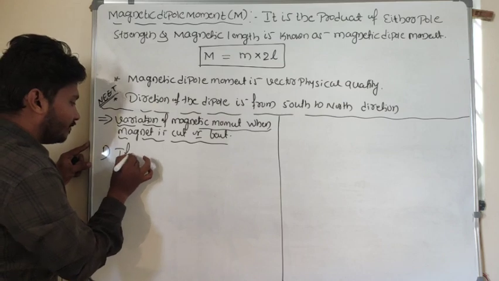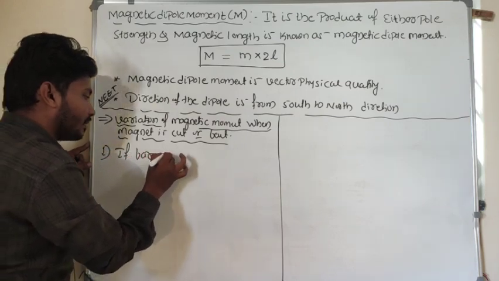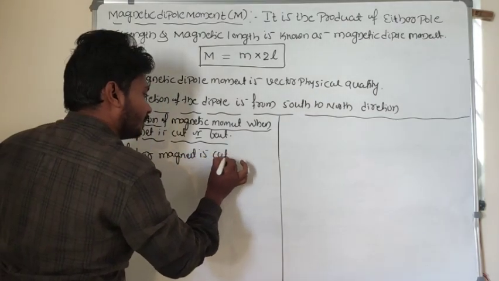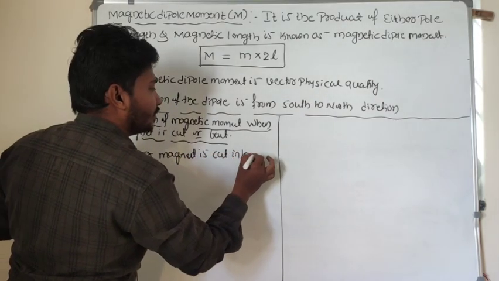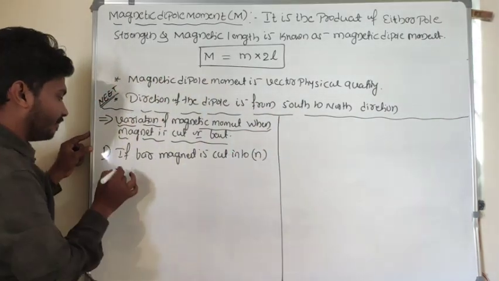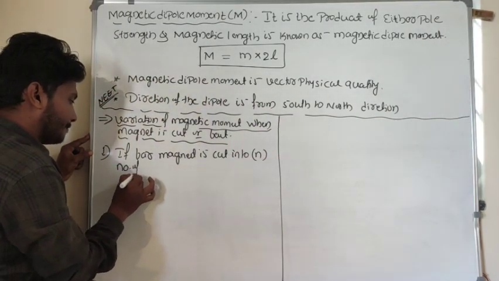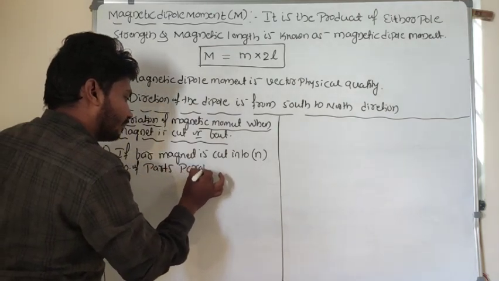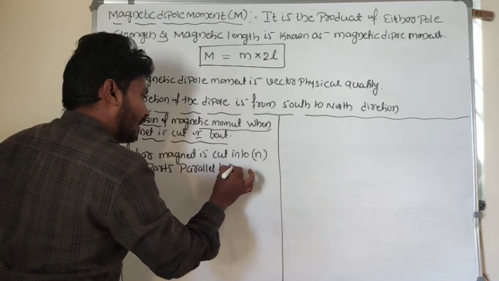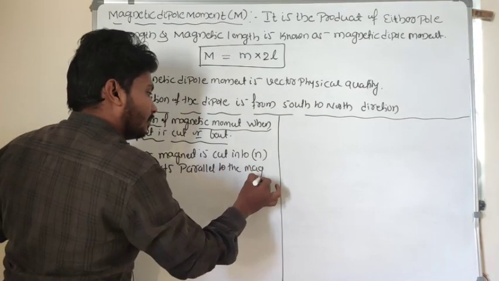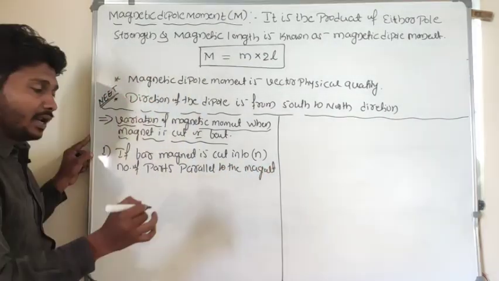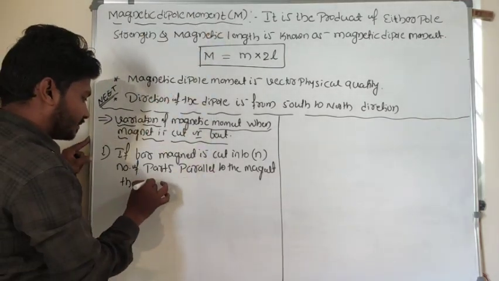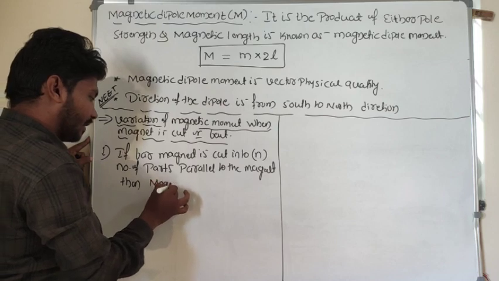Look at here, if bar magnet is cut into n number of parts parallel to the magnet, then I can find out the magnetic dipole moment.